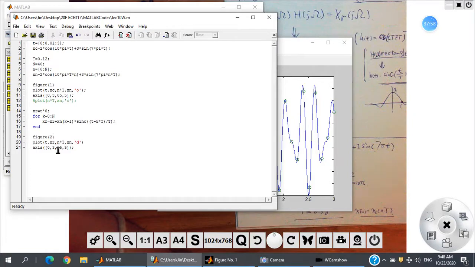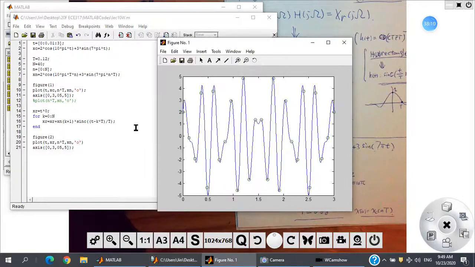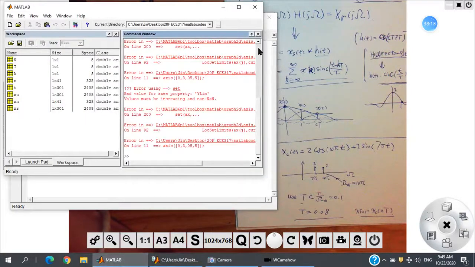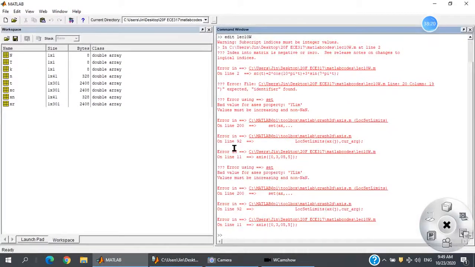Why doesn't this one work? Maybe it's just that D is a problem, right? But it works, and it's still something wrong. What's the mistake? Line 11 is getting wrong.